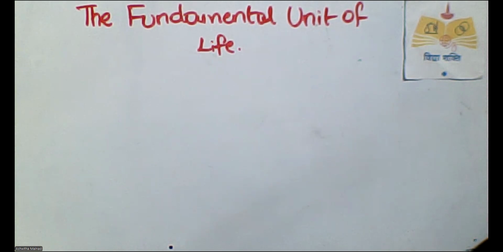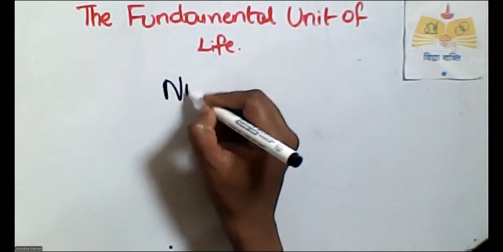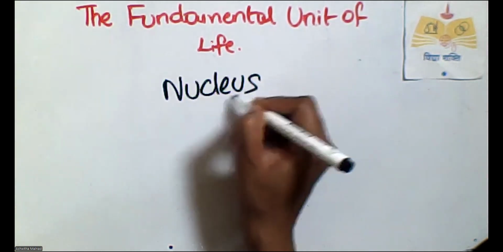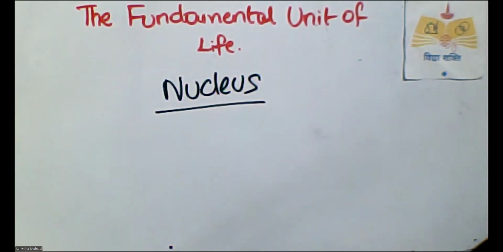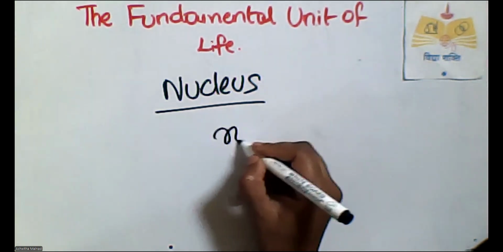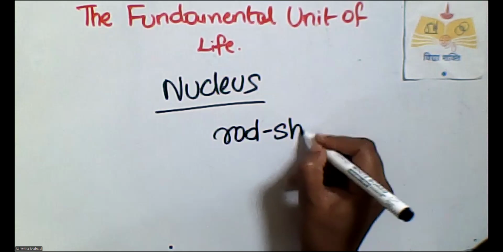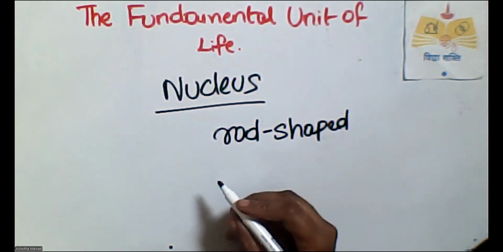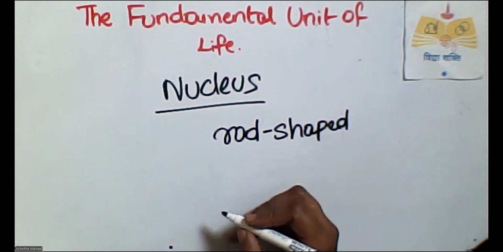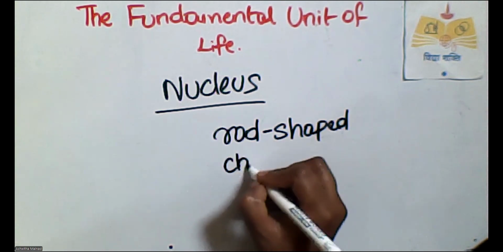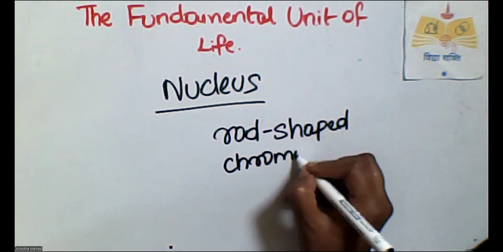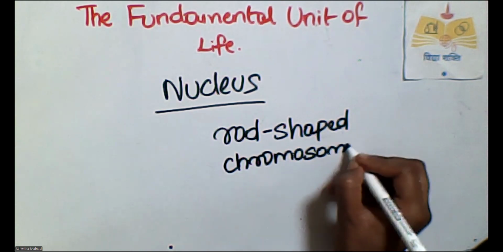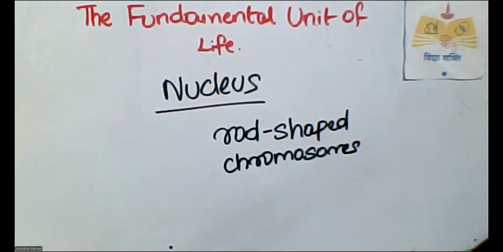But when we dive deep into the topic, the nucleus, we all know and have heard that this nucleus contains rod-shaped structures. These rod-shaped structures, we call them chromosomes.